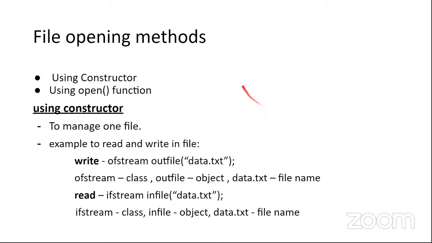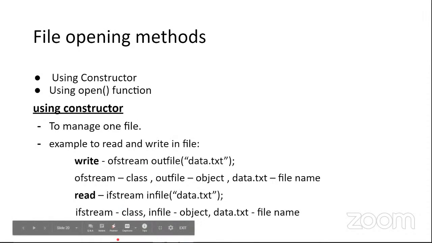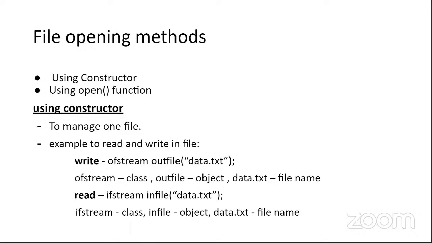Hello, guys. My name is Nitin, and further I will continue. So now I am talking about file opening methods. From here, we will talk about file handling. There are two ways by which we can handle a file.